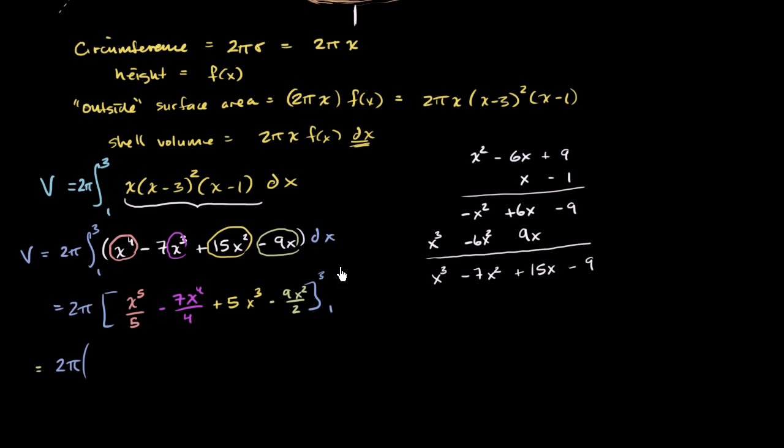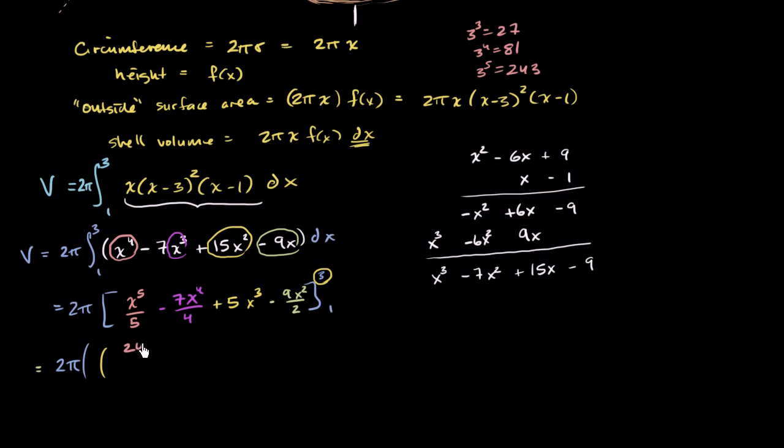Let's first evaluate all of this business at 3. So when you evaluate at 3, you have 3 to the fifth power over 5. I believe 3 to the fifth is 243, but I'll verify. 3 to the third is 27. 3 to the fourth is equal to 81. 3 to the fifth is 243. So this is going to give us some hairy math to deal with.